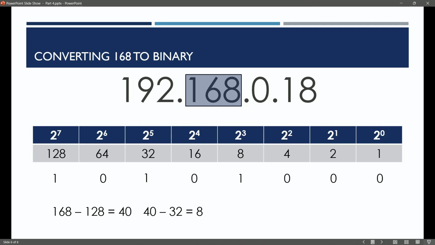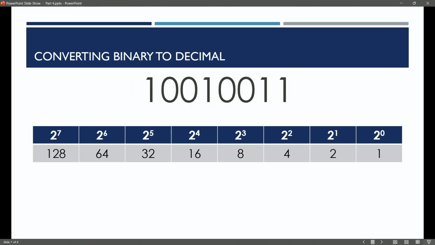And if you thought that was easy, hold on to your hat, because going the other direction is even easier. What happens if we are presented with a binary value, 10010011? No problem. We just line up these values underneath our conversion chart, and then we just do a whole bunch of addition.